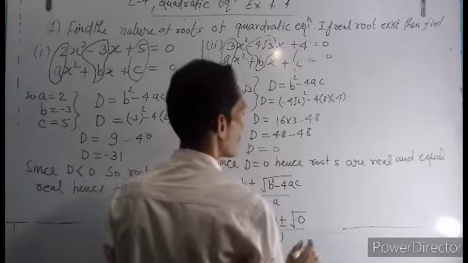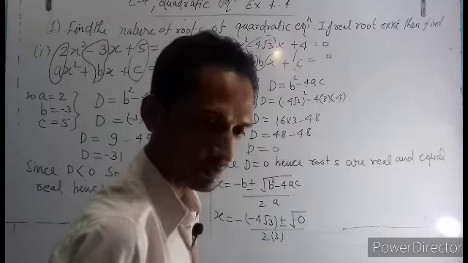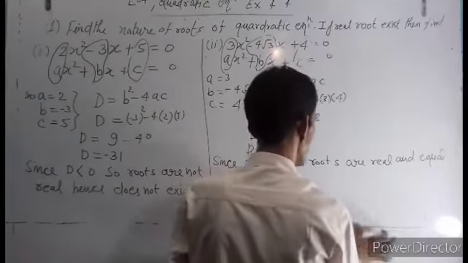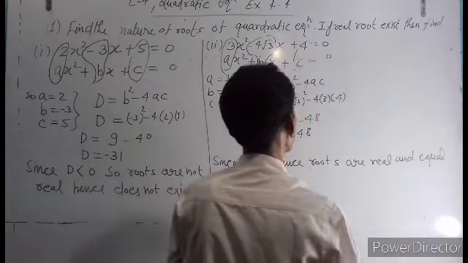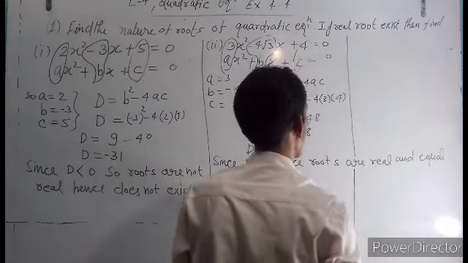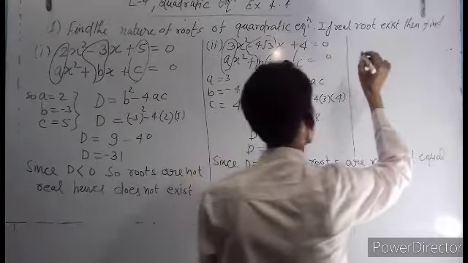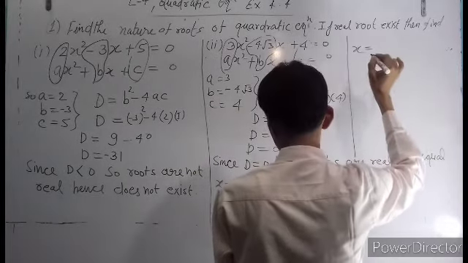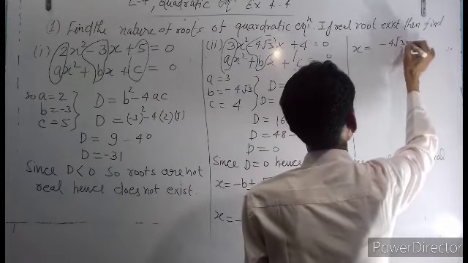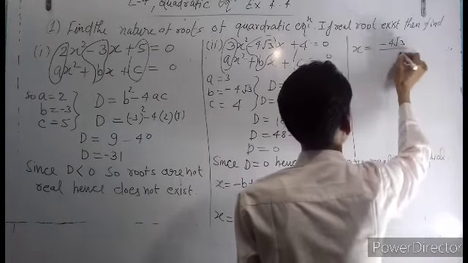Okay, so after that we can find x equal to minus 4 root 3 upon 6.